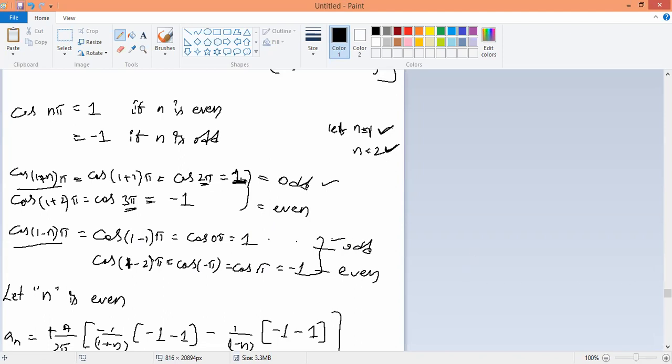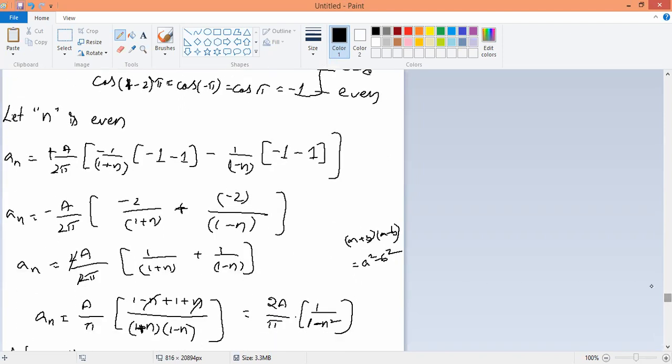So next, substitute n equal even into this an equation. An equals a by 2 pi into minus 1 by (1 plus n). So if n is even, cos of (1 plus n) pi value is minus 1, minus 1 by (1 minus n). Next, cos of (1 minus n) pi value also minus 1, minus 1 minus 1 by (1 minus n).